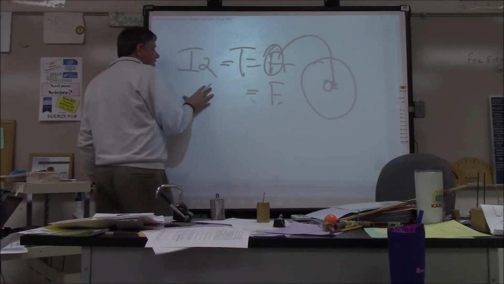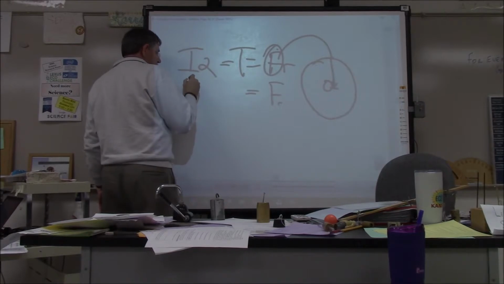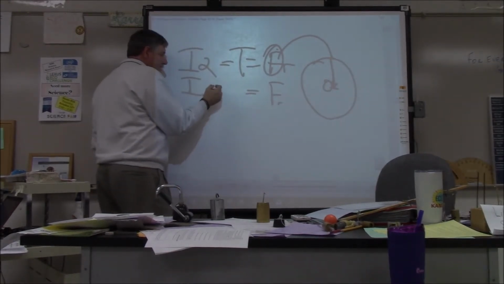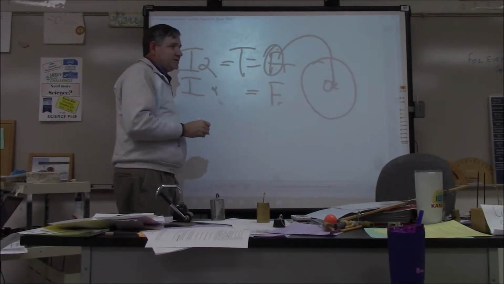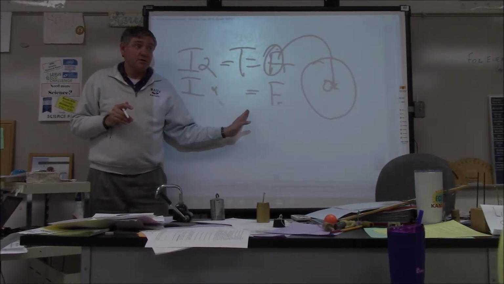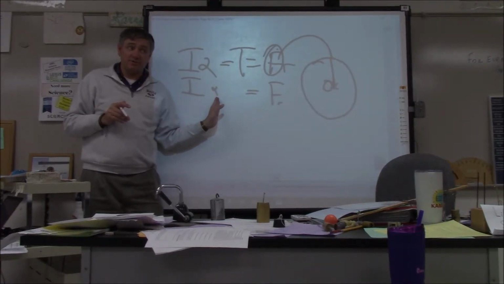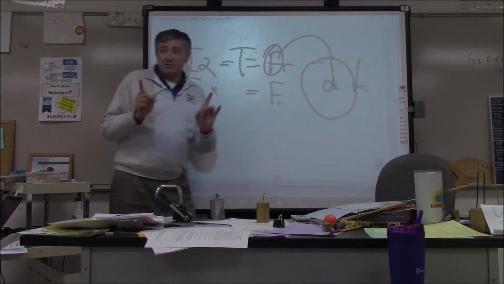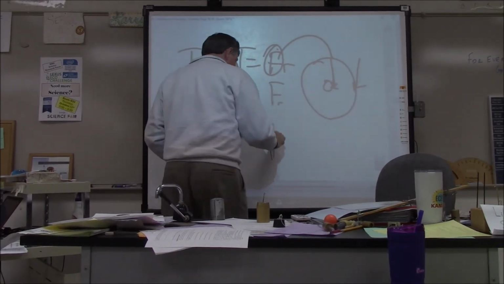So, over here, I've got the same I, but with a small radius, I'm going to have a small alpha, because I'm not generating very much torque. So I don't have very much of an acceleration. Now, if I apply that force way out here on the edge, I've got the same force, right?